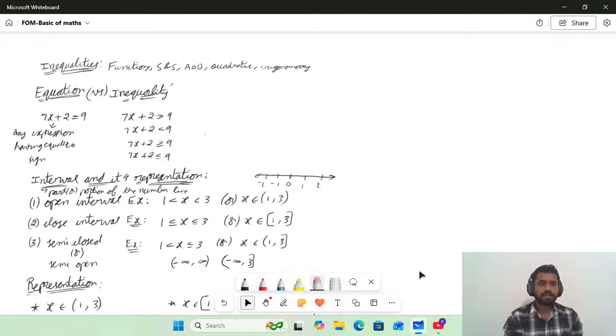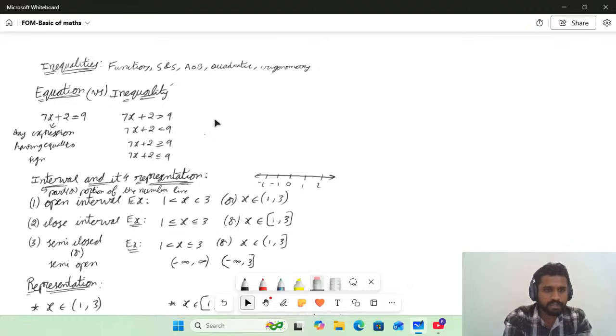So last class is what we have discussed. Basic maths lecture one, we started with the inequalities. What is equation and what is inequality, the difference we have seen. Any expression having equals to sign is called an equation, and an expression with an inequality sign is called an inequation.